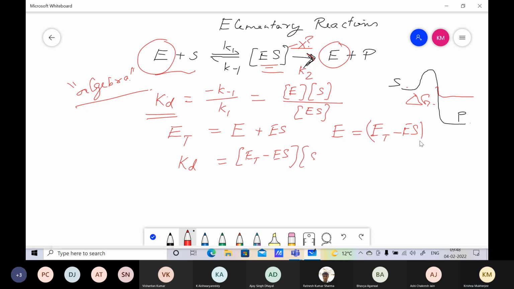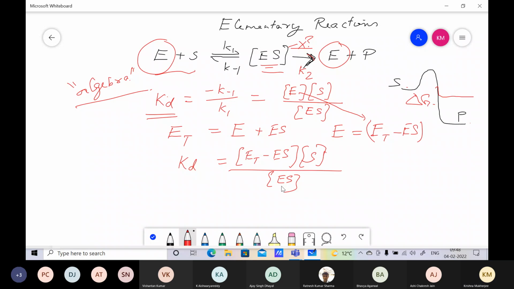So this is obvious here. So this is E here, into S, upon ES. We are doing very, very simple algebra here. Okay? And so we can do all kinds of things here.